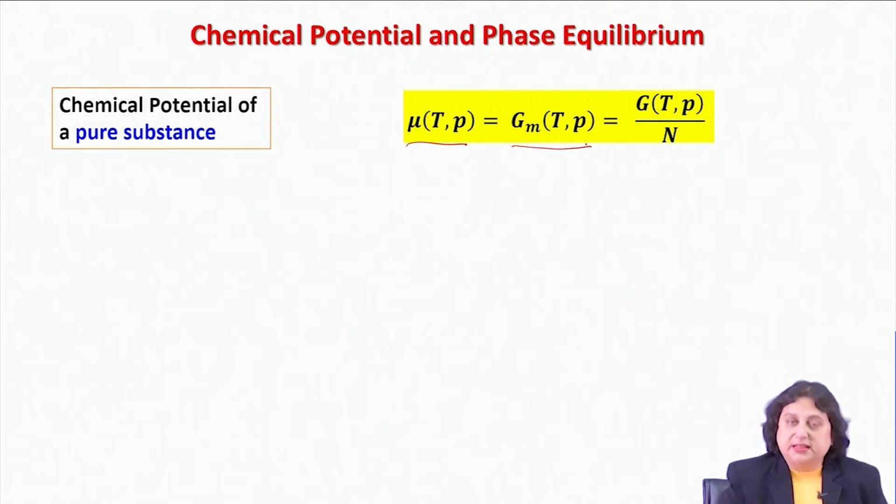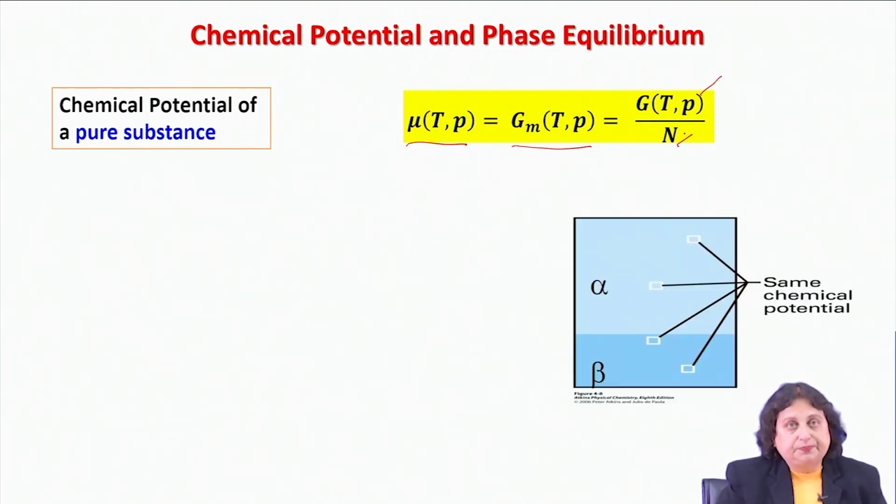And therefore, this is nothing but, once again, the total Gibbs free energy of the system. If it is comprised of capital N particles, then G by N gives me the molar Gibbs free energy.